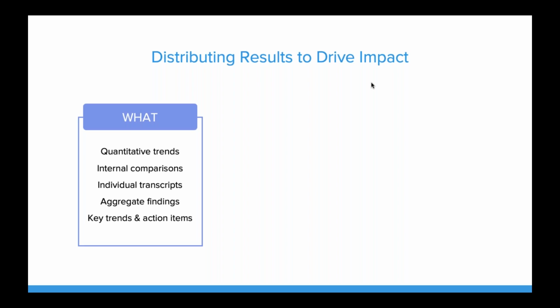And so sharing those transcripts, you'd be surprised by how people just gobble that up, because they're so hungry for that type of feedback, and there's so much more depth to that type of feedback than they're used to getting. Like I said, you definitely also want to include the aggregate findings, trying to make sense of all of the individual transcripts.